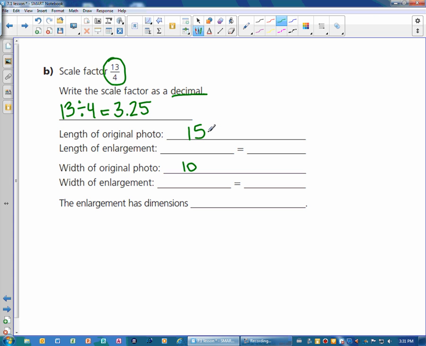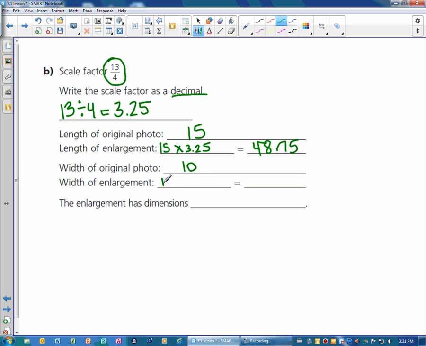The length of the enlargement, I wonder what they want here. Well, we're just going to take 15 and multiply by 3.25. So get out your calculator, take 15, multiply by 3.25 to get 48.75.